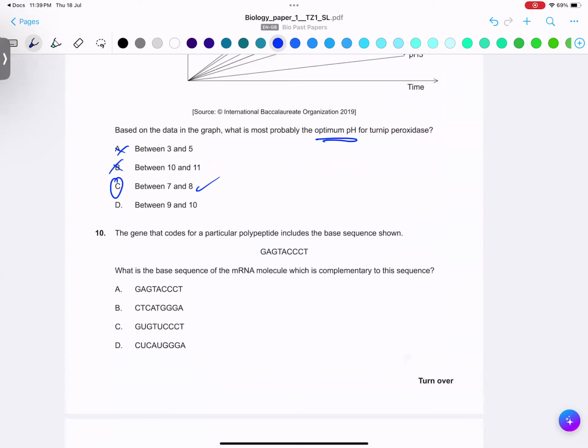So here, what is the best sequence of the mRNA molecule which is complementary to this base? What we end up doing is just translating this.